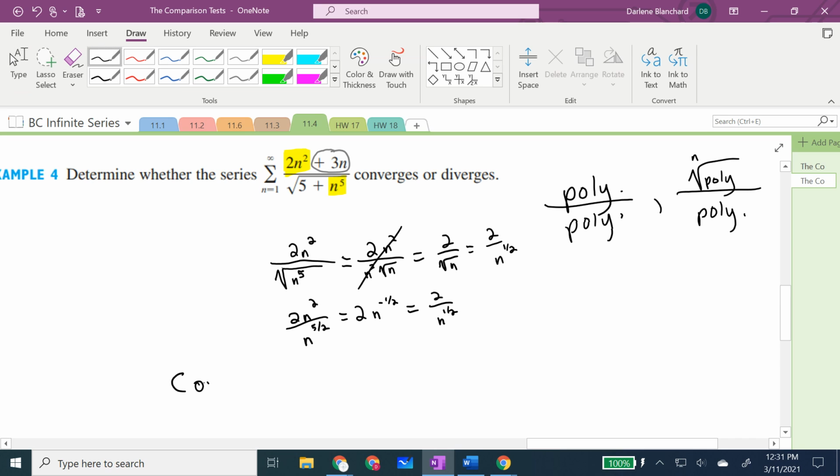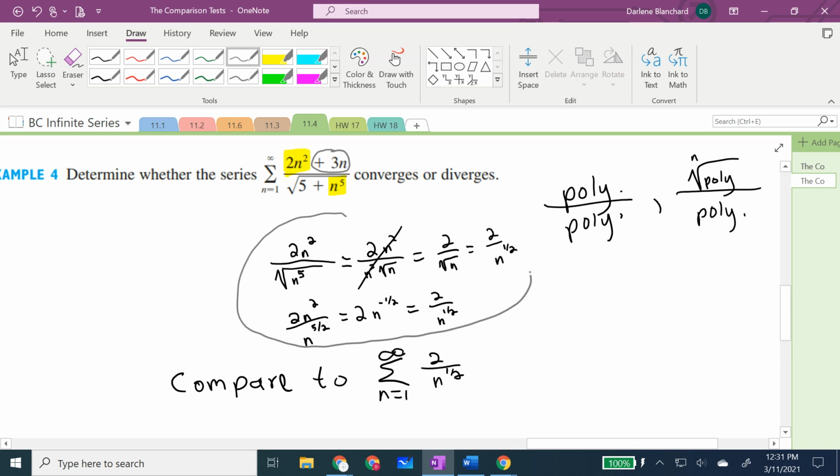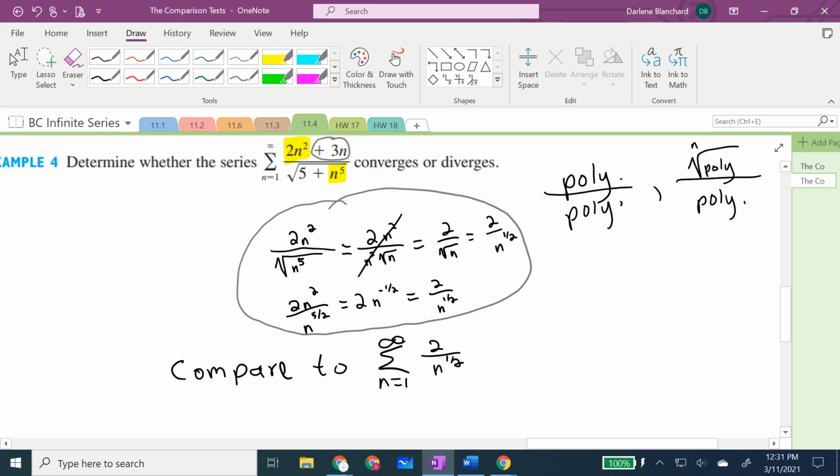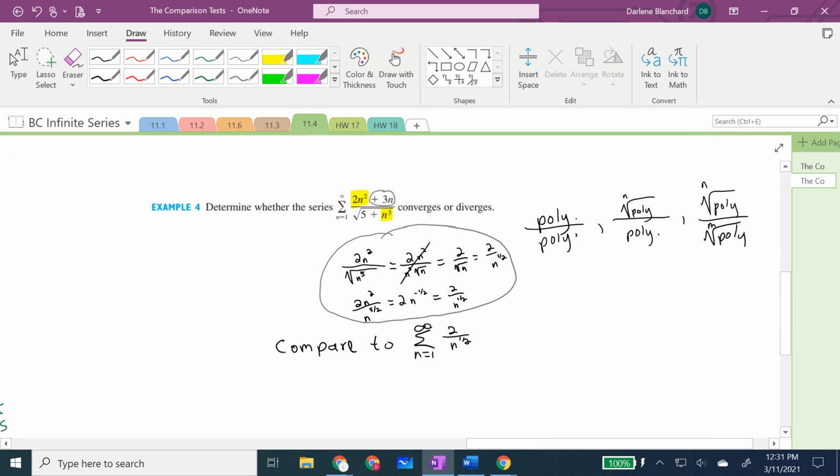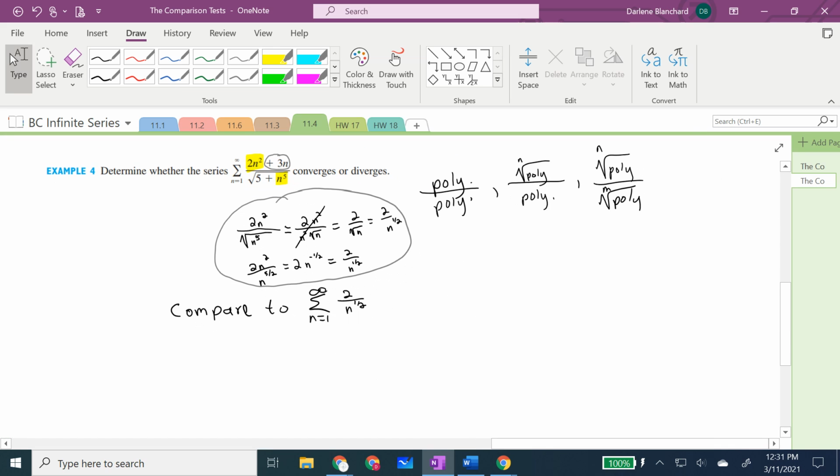So I am going to compare to the infinite series of 2 over n to the 1/2 power. I'm just going to kind of circle this. This is the work that doesn't have to be shown. Now take a look at that.